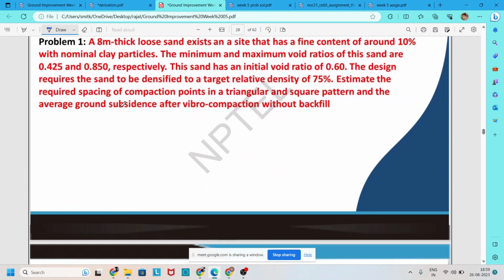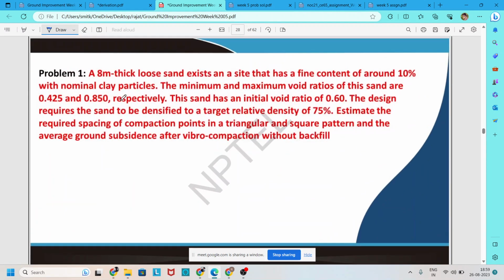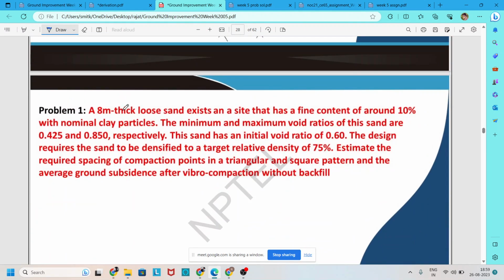Now we try to solve two problems regarding this vibro compaction. In the first problem, it is said that an 8-meter thick loose sand exists at a site that has a fine content of around 10% with nominal clay particles. The minimum and maximum void ratios of the sand are given as 0.425 and 0.825 respectively.